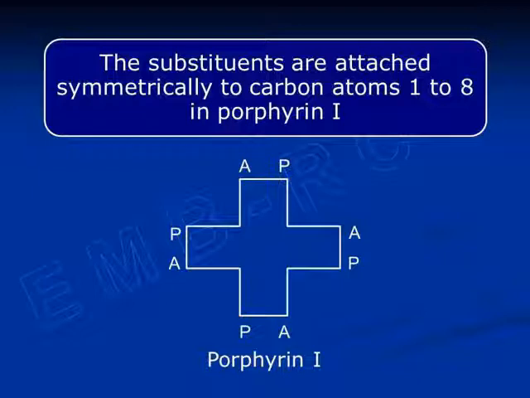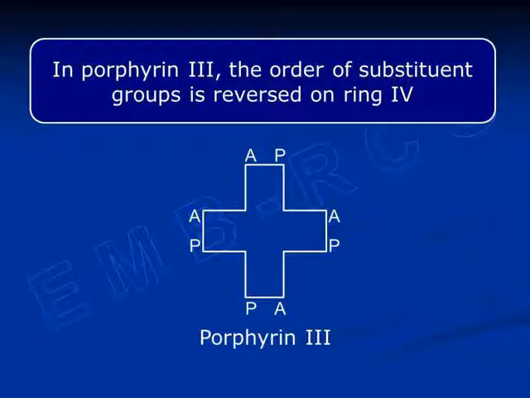So in porphyrin 1, from carbon atom 1 to carbon atom 8, the substituents are attached in a symmetrical manner. In porphyrin 3, the manner in which substituents are added is similar to porphyrin 1, except in ring 4.